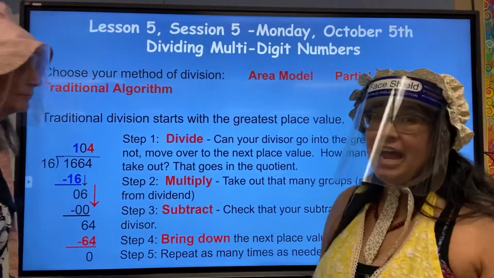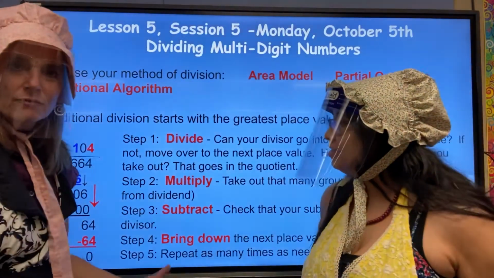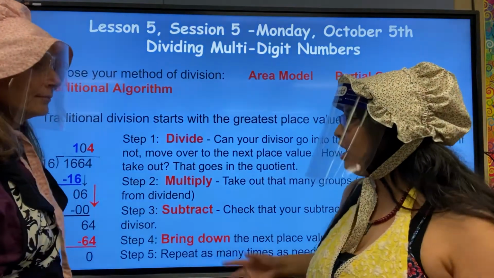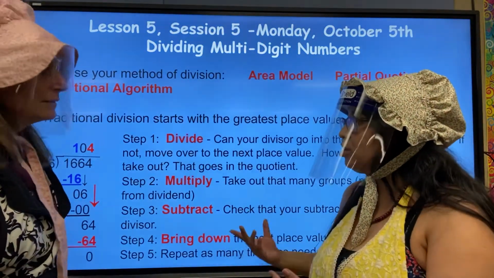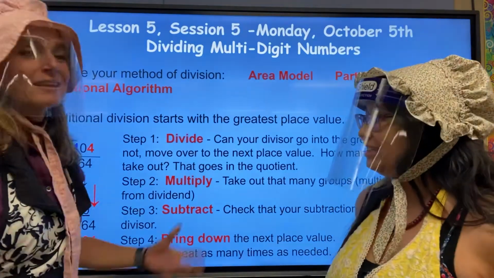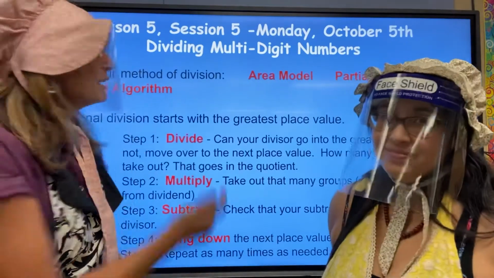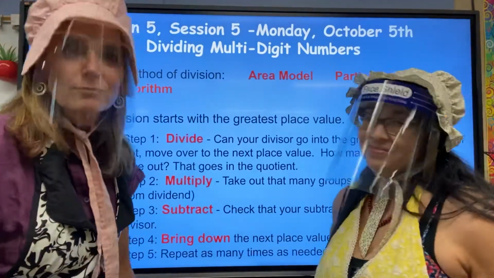Nope. So I am done. So my quotient is 104. Mrs. Crumb, you were talking about how our answer should be close to 100. And 104 is really close to 100. It is. So that lets us check for reasonableness. Our answer seems reasonable. So we can feel pretty good that we got it right.